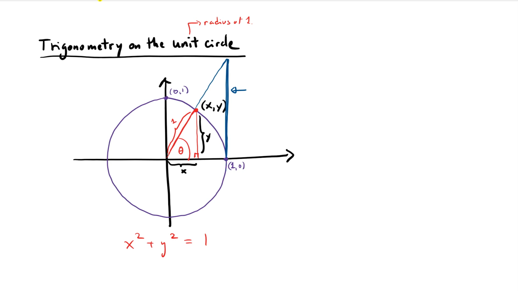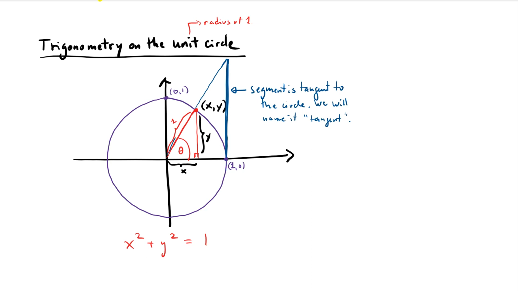So we could say that the segment is tangent to the circle. We're going to call that segment the tangent. We'll name it tangent. So when we refer to tangent, it refers to that side here.